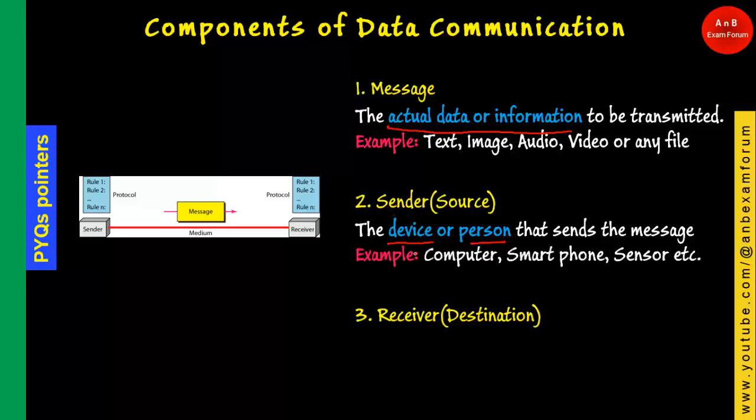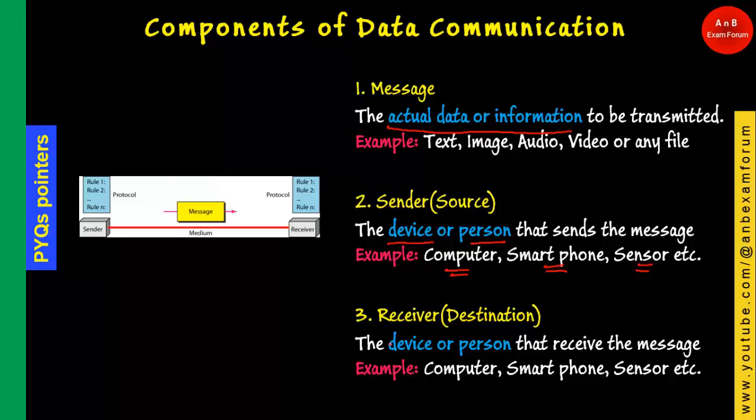The example could be one computer, or it could be a smartphone, or it could be a sensor. Okay, once the message is transmitted from sender, it should be received by the person or a device that is going to receive that message.